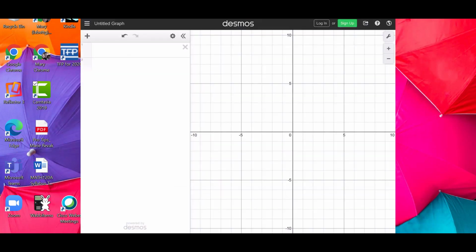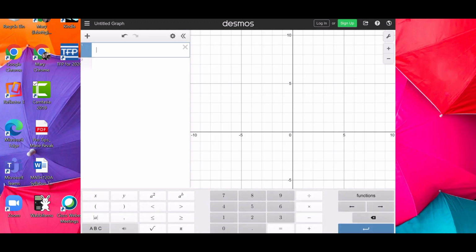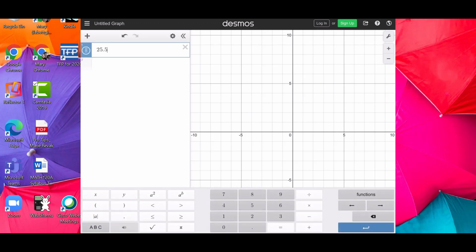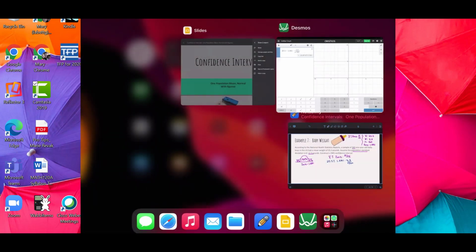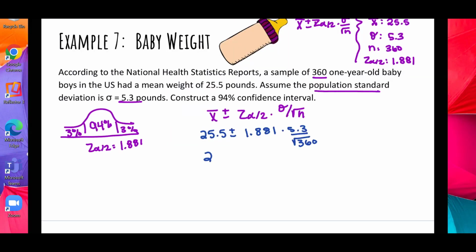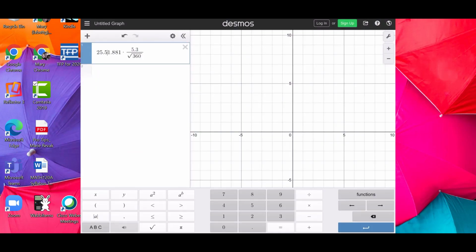So we get 25.5, and I always start off with the minus first, minus 1.881 times 5.3 divided by the square root of 360, and we get 24.975, rounded to 3 decimal places. And the upper boundary, I'm just going to go back and change that minus sign to a plus, and I get 26.025.